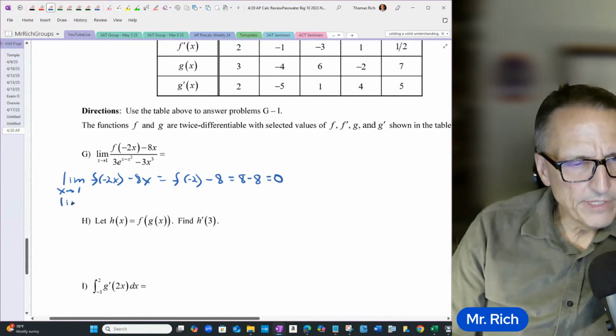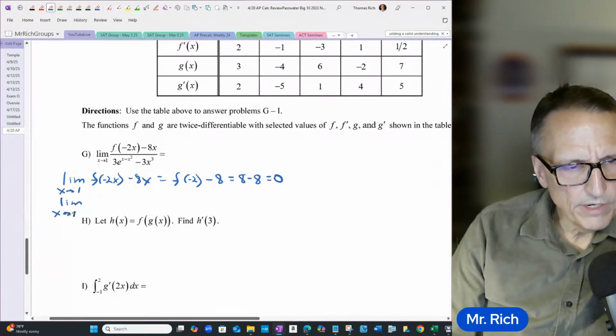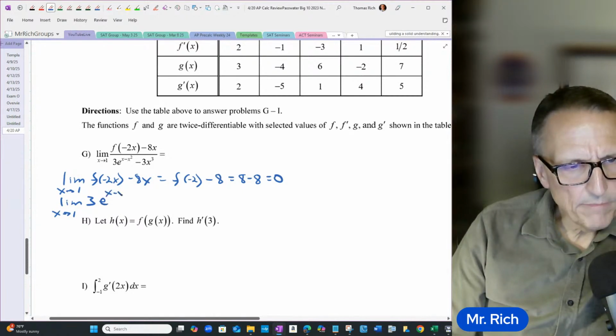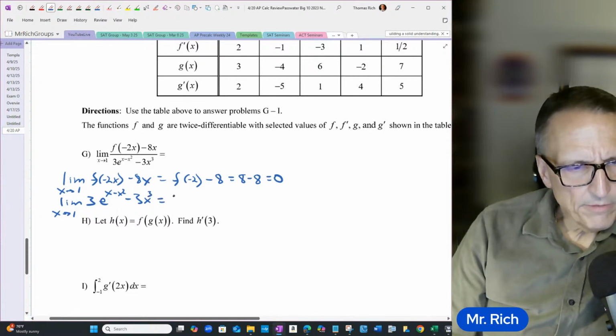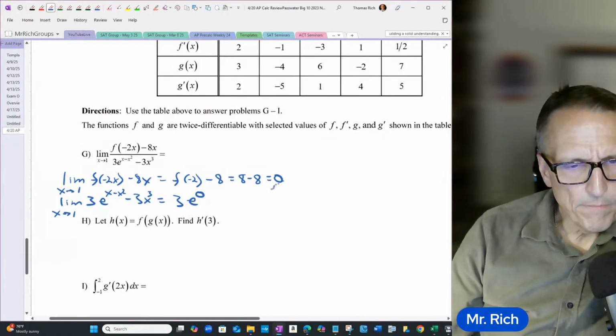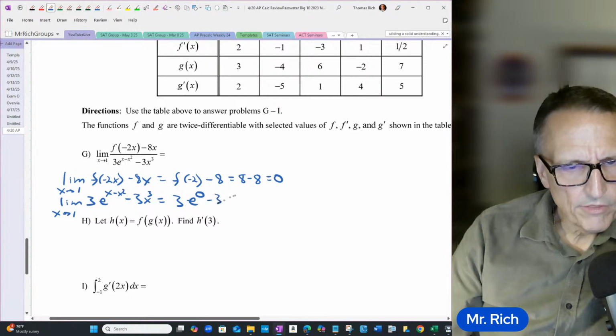Now I'm going to evaluate the limit as x approaches 1 for the expression in the denominator, which is 3 times e to the x minus x squared minus 3x cubed. That's going to be 3 times e to the 0 power, that'd be 1, minus 1 squared minus 3 times 1 cubed, or 1.